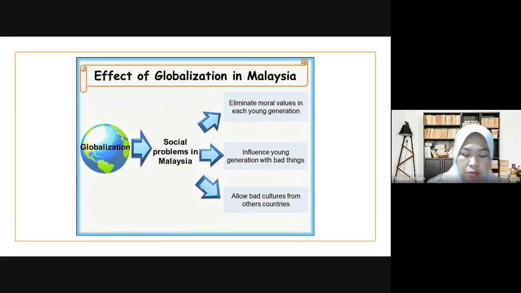Okay. But this one we talk about the young generation, but nowadays even older people also have social problems. For example, what is an example of social problems among older people or young people? Class, can you give an example?